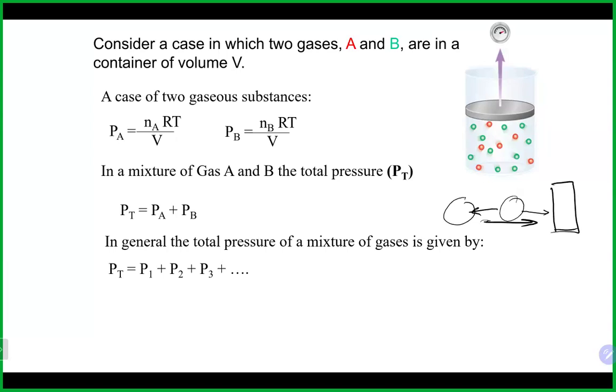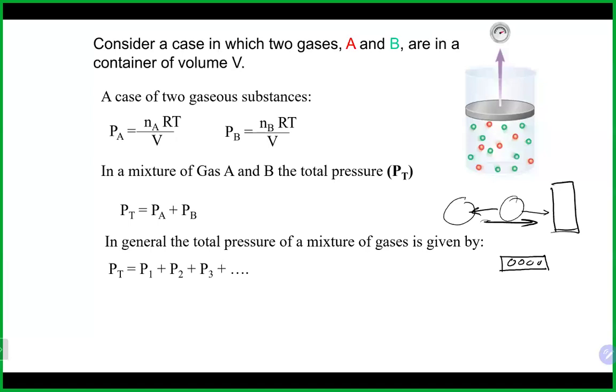Non-ideal situations basically occur at really high pressures and really low temperatures. The reason why you do have to take it into account in those situations is, if you remember from Boyle's law, if you have a really high pressure, you probably have a very small volume, which means all your gas molecules are pretty much right next to each other. That means they're definitely going to come in contact with each other.